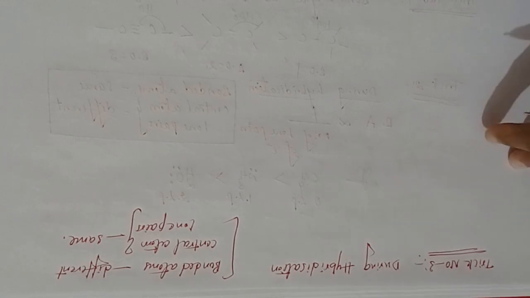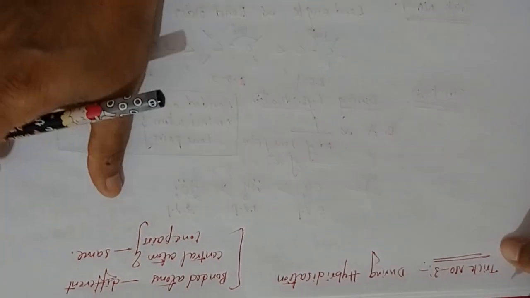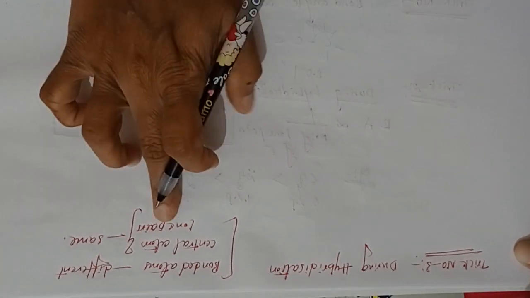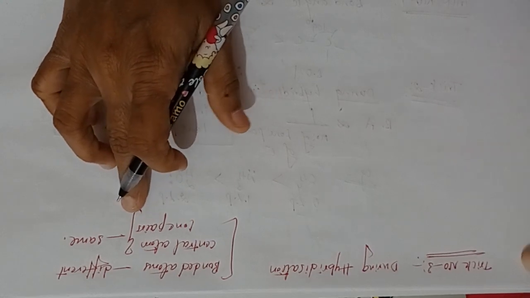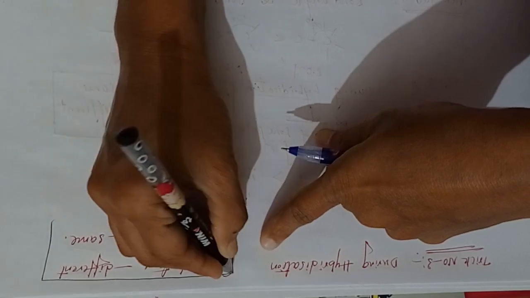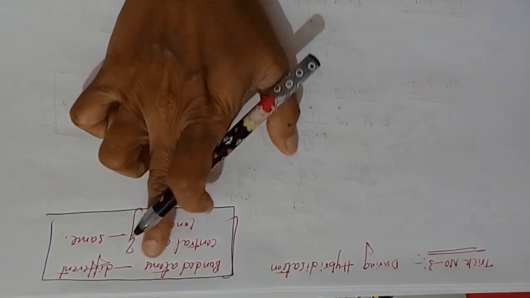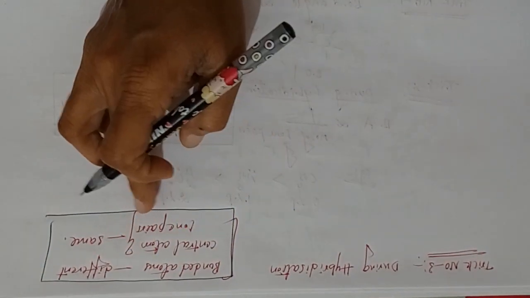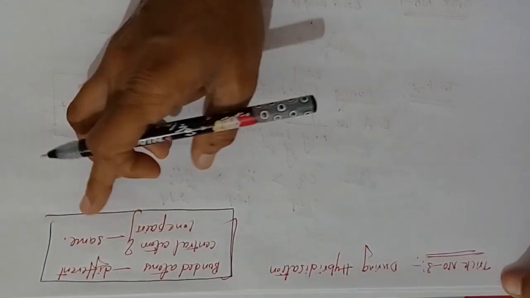This is the main thing you have to remember, students. So bonded atoms different, central atom lone pairs same. This table you have to remember.